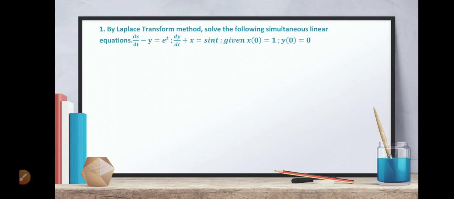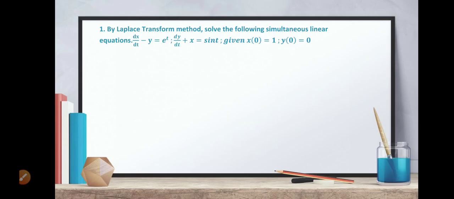The first example, by Laplace transform method, solve the following simultaneous linear equations: dx by dt minus y equal to e raised to t. This equation is involving x dash, y and one function of t on RHS. Second equation is given as dy by dt plus x equal to sin t.